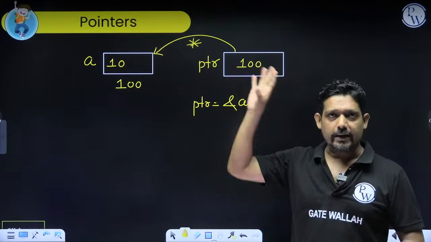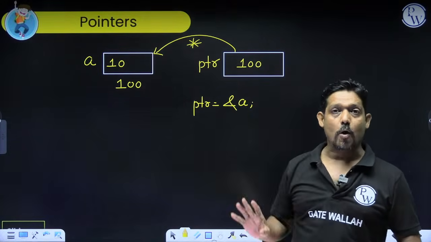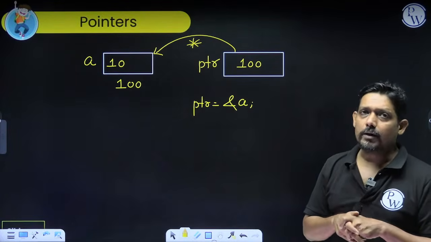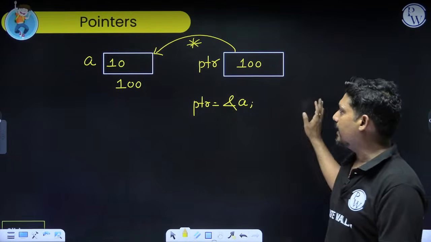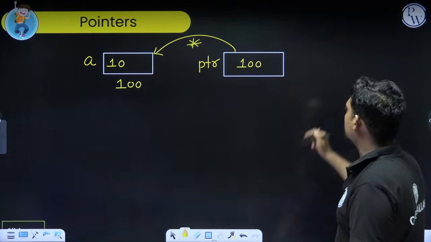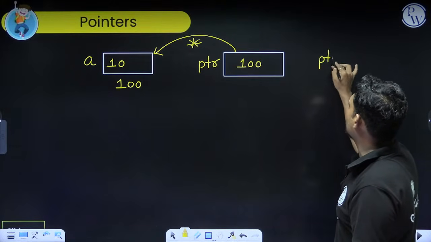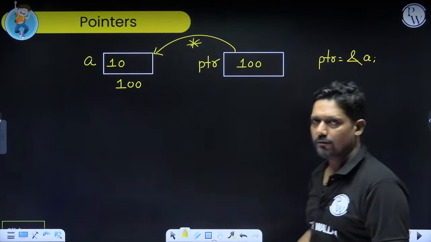We can talk to this location also, but you can go here, point. That is the idea. Now let me say a few values that can be printed here, and just feel what variable has what value. So ptr is equal to address of a, ampersand of a.